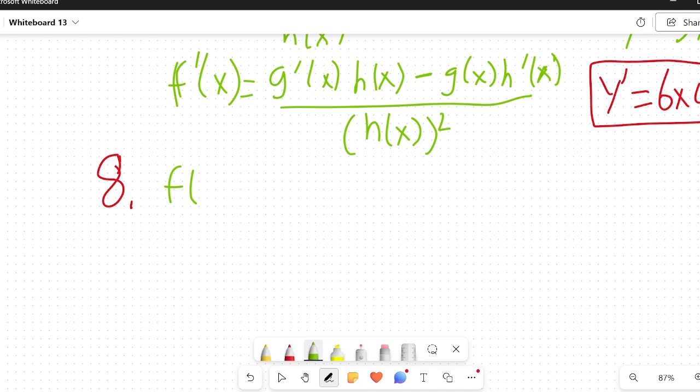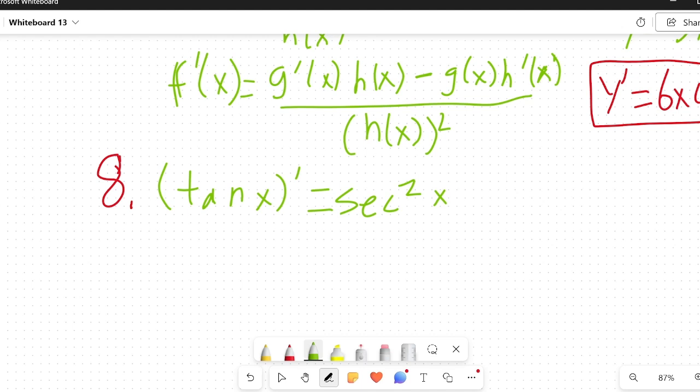I'm going to stop saying f. We could just write this as tangent of x. The derivative of tangent of x equals secant squared of x, or 1 over cosine squared of x.